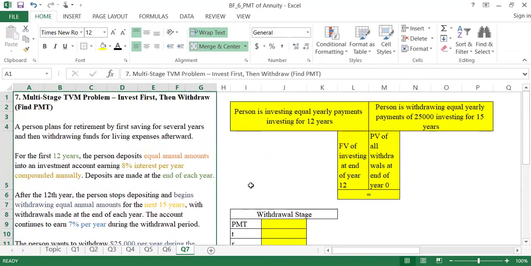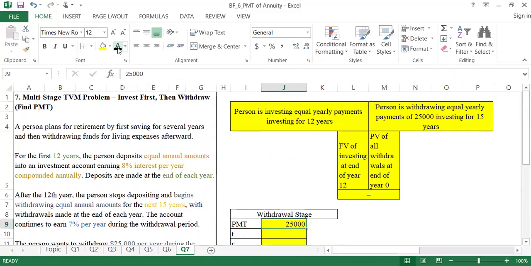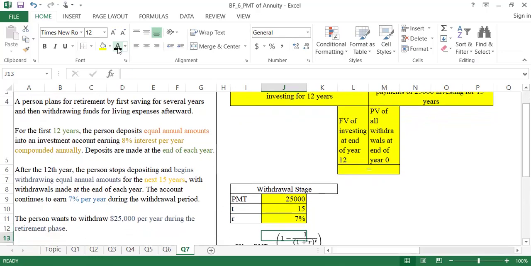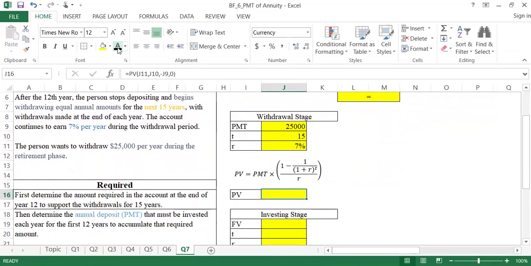So at the withdrawal stage, we know he wants 25,000 per year for 15 years at an interest rate of 7%. So we can find the PV as 227,697.